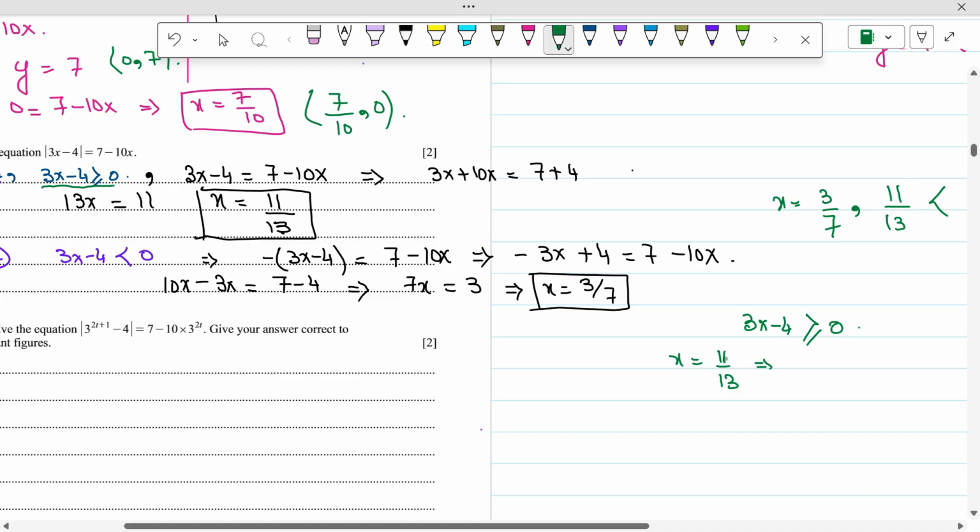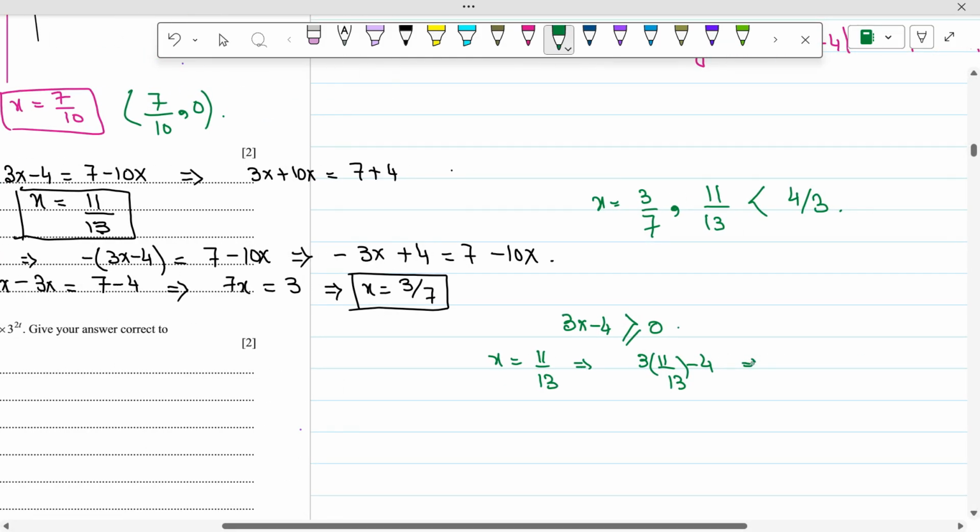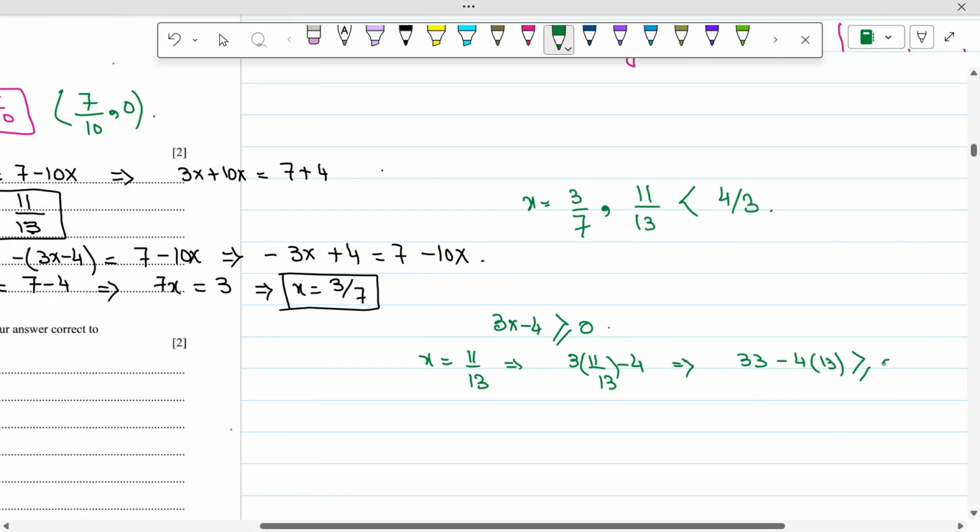3x minus 4 greater than or equal to 0 when x is equal to 11 over 13. So plugging x is equal to 11 over 13 in this equation, we will have 3 times 11 over 13 minus 4, and this is equal to 33 minus 4 times 13 over 13, which should be greater than or equal to 0.